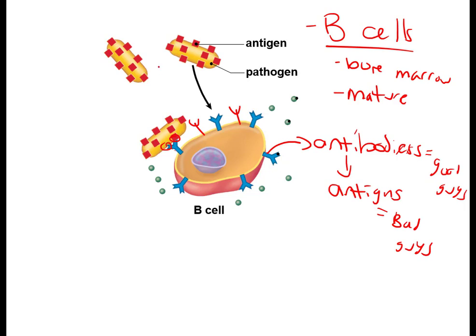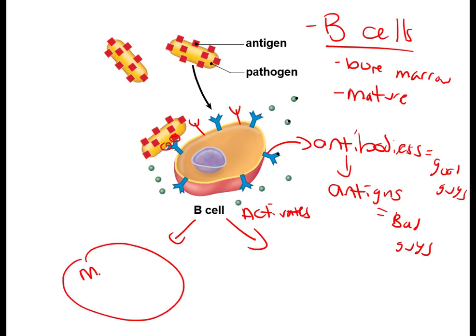When the B cell first meets its pathogen, it will then activate. And when a B cell activates, two things can happen. Some of the B cells will form what's called memory B cells. And the purpose of memory B cells is to remember this pathogen in case it ever comes back. It'll fight it even faster.